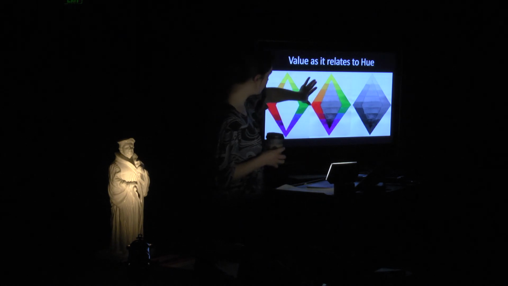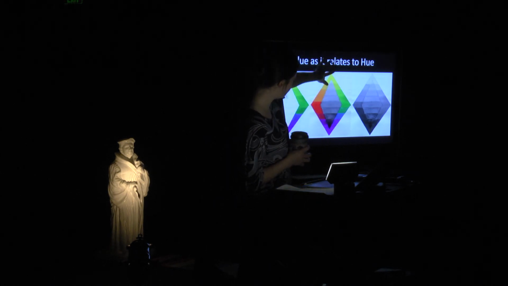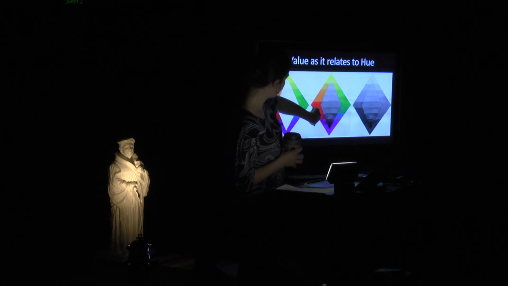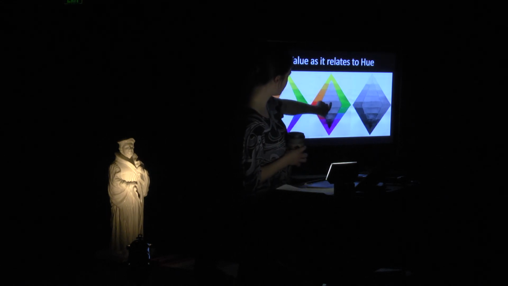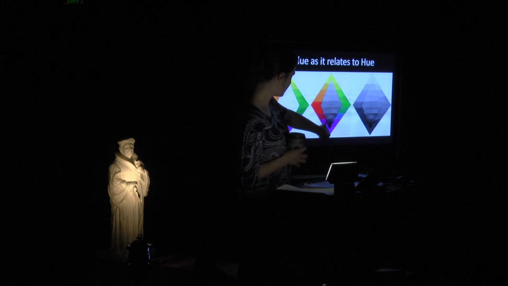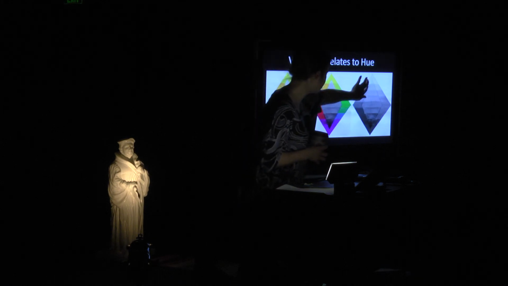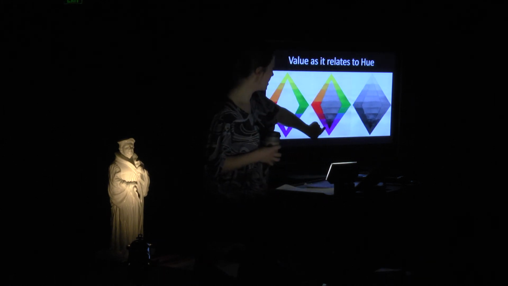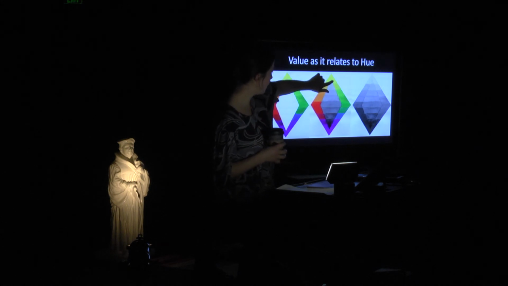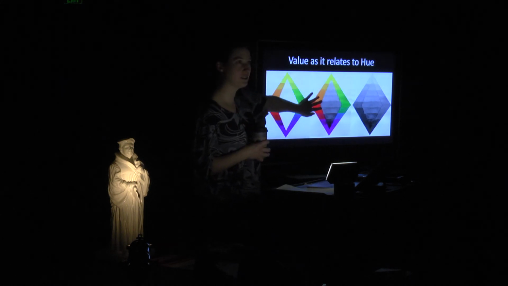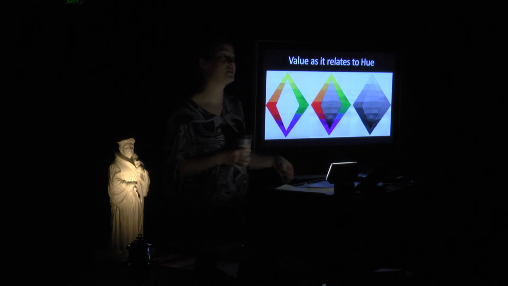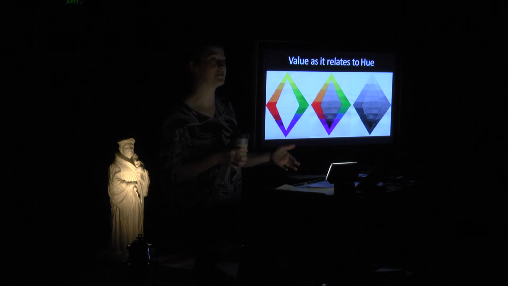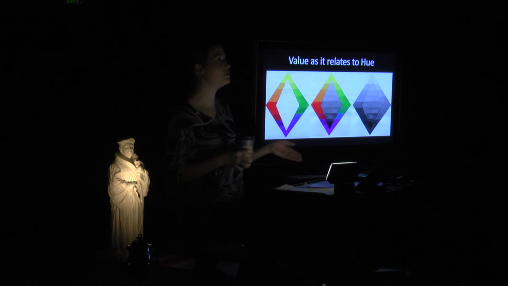What the middle one does is give you a sense of that by simply converting it to a gray tone. And you can also look at this version, so you can see low value versus high value in a grayscale version. This is what allows people who are colorblind to still tell the difference between colors. Even though they may not see red and green as different colors, they usually have a different value.